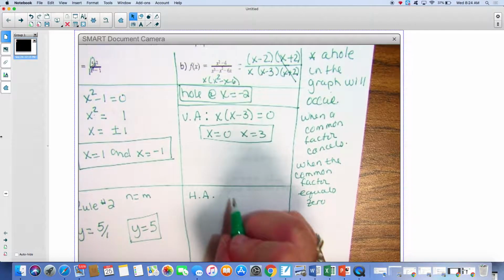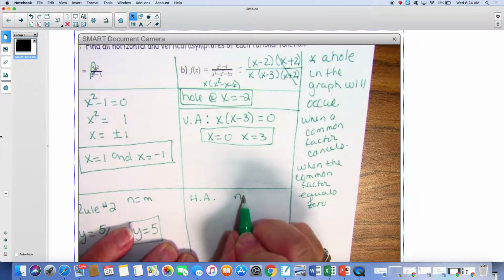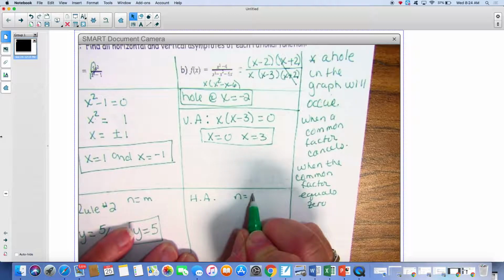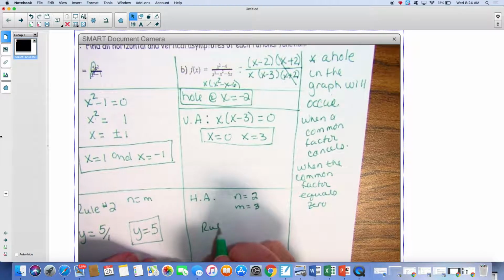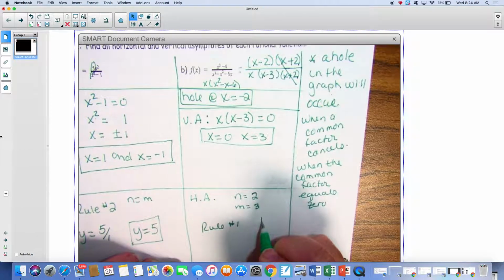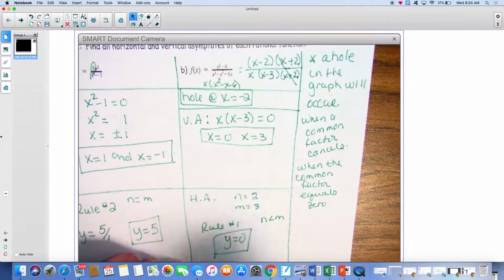Because the degree in the numerator, so little n, is what? What's the degree in your numerator? 2. What's the degree in your denominator? 3. So it's rule 1, because n is less than m, so y equals 0 is a horizontal asymptote.